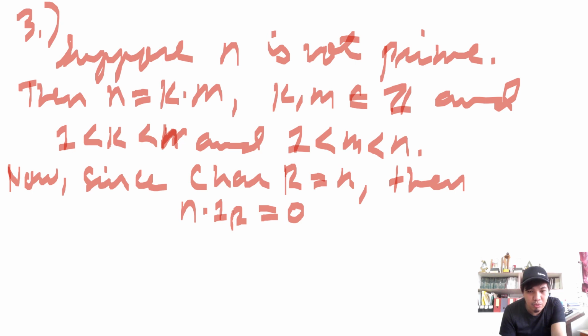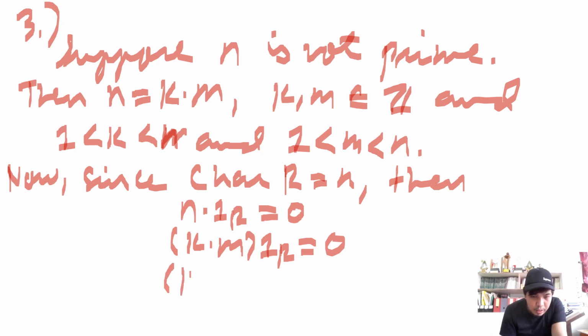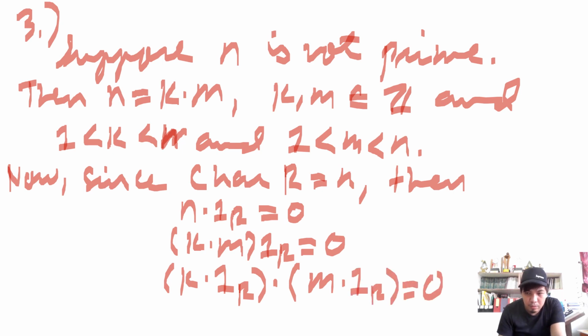Since n is equal to k times m, then we may have k times m times 1 sub r equals 0, which then gives us k times 1 sub r times m times 1 sub r equals 0.